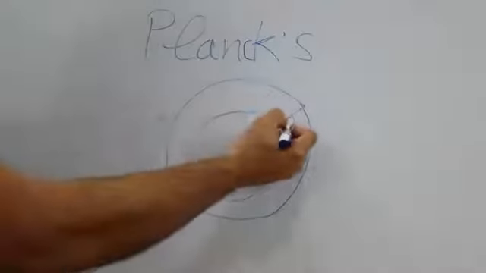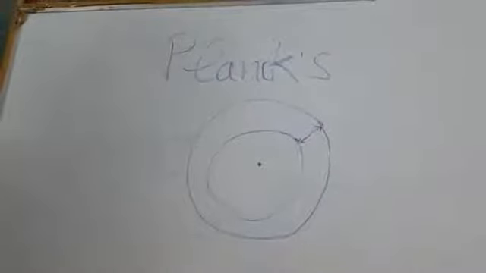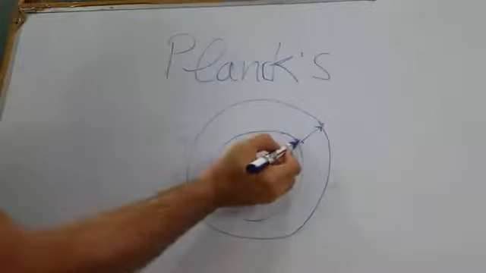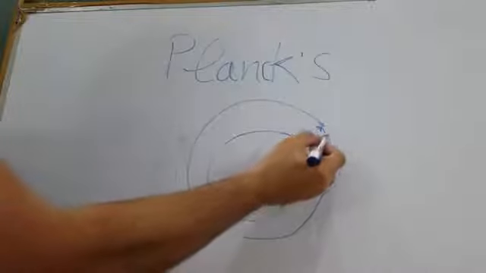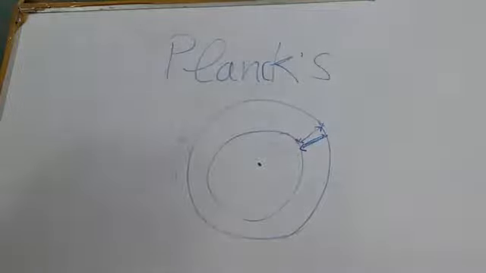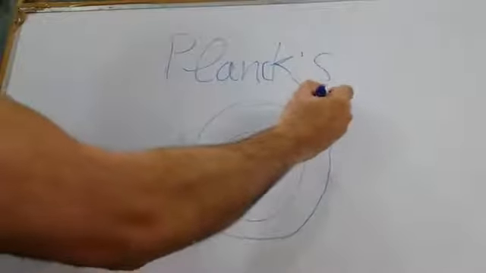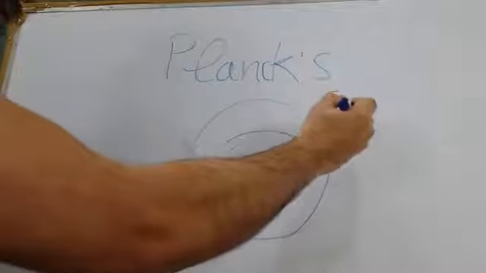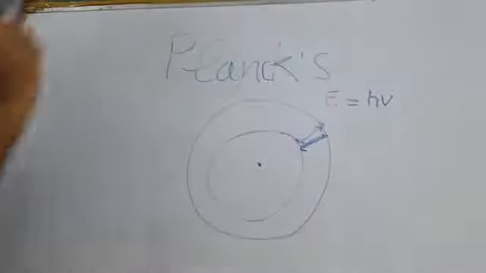And during transition from this orbit to this orbit, the net difference of this energy is emitted in the form of a single photon of that frequency, because according to the Planck's law, the photon of a certain frequency has this much energy.